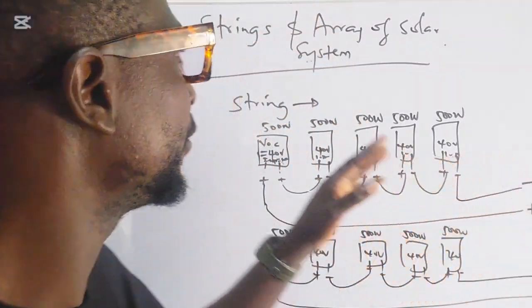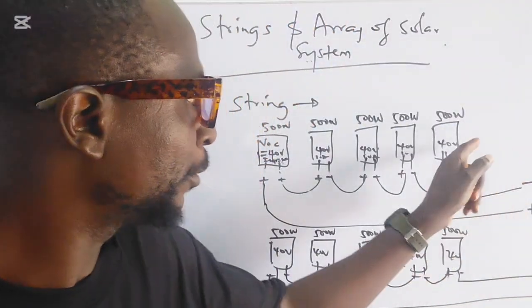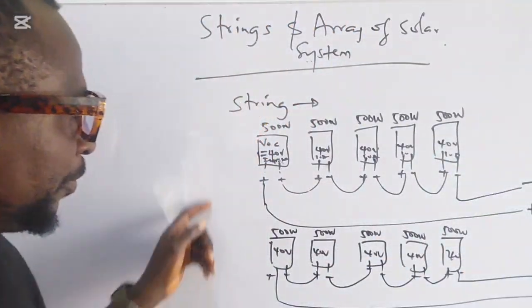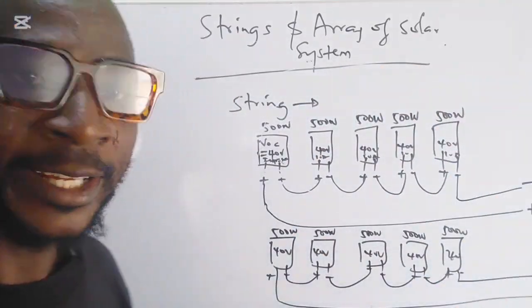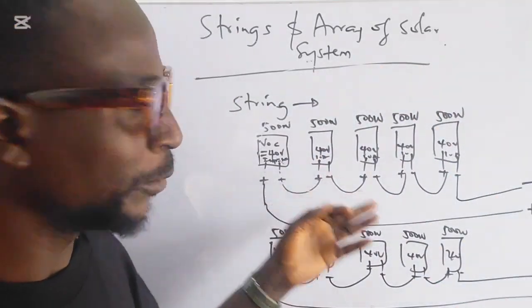Now, we talk of the solar array. We say the total solar system, your solar installation, is what we call the solar array. Now we have two strings.